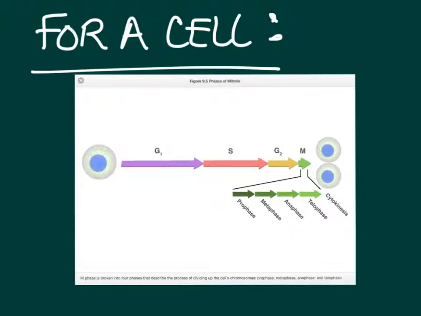For a cell, it looks more like this. The cycle is going to begin at the beginning. Logical place to start. There's a period of growth. There's a period in which one prepares for division. You could call this that adolescent area of puberty in our previous slide.